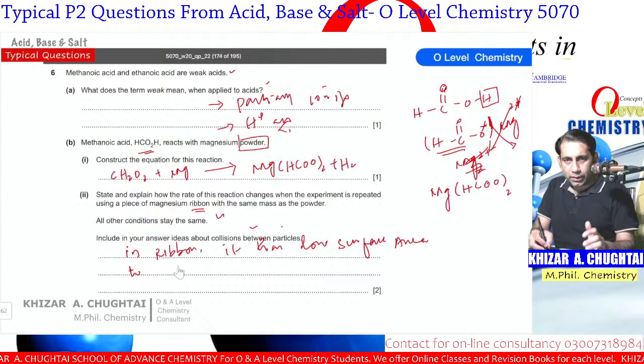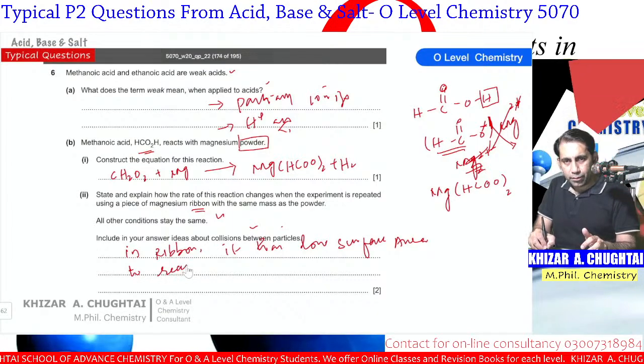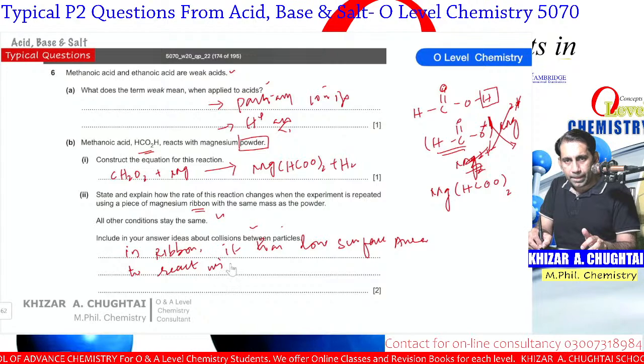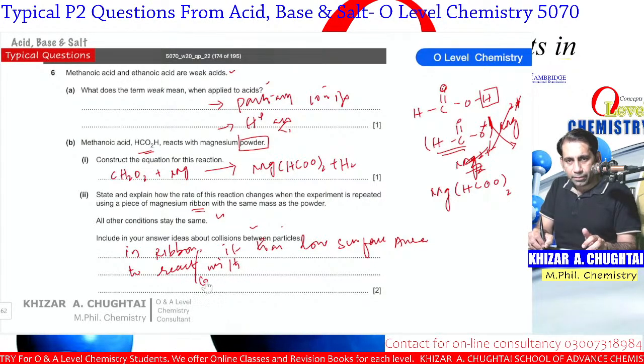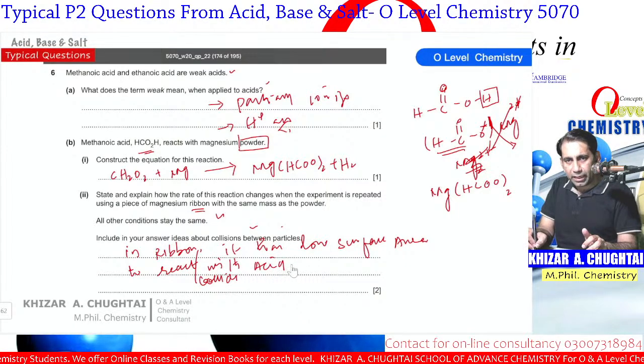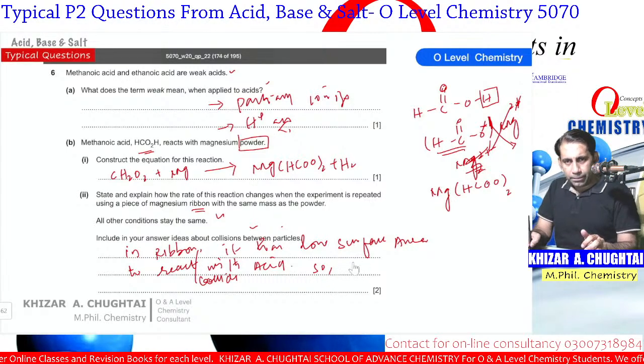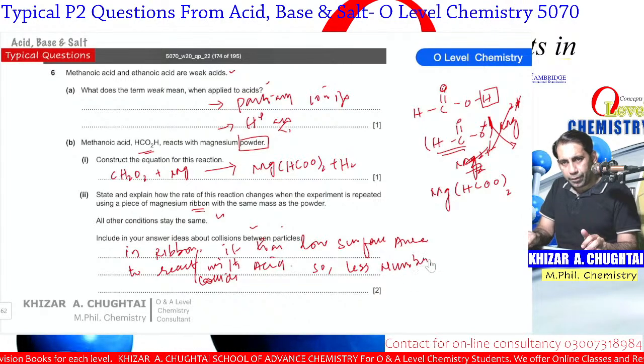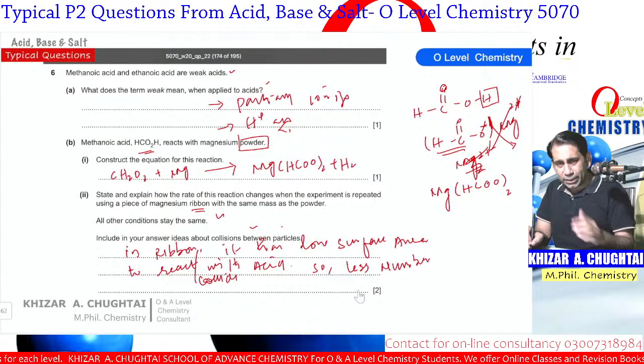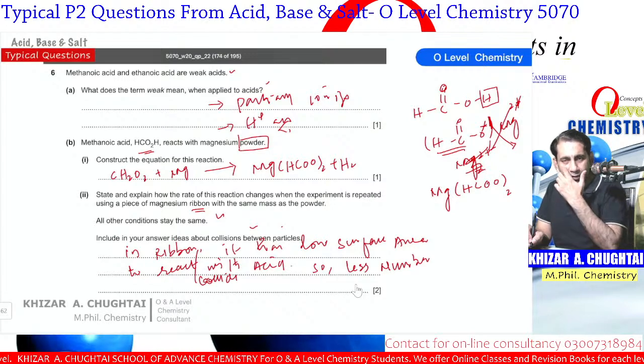To react with acid, or you can say collide with acid particles or acid molecules, so less number of effective collisions per unit time. That is a common sentence in all sorts of reasoning of the rate of reaction.